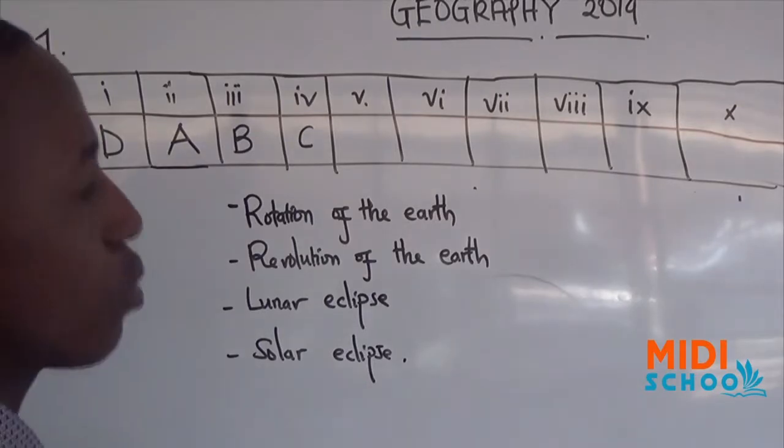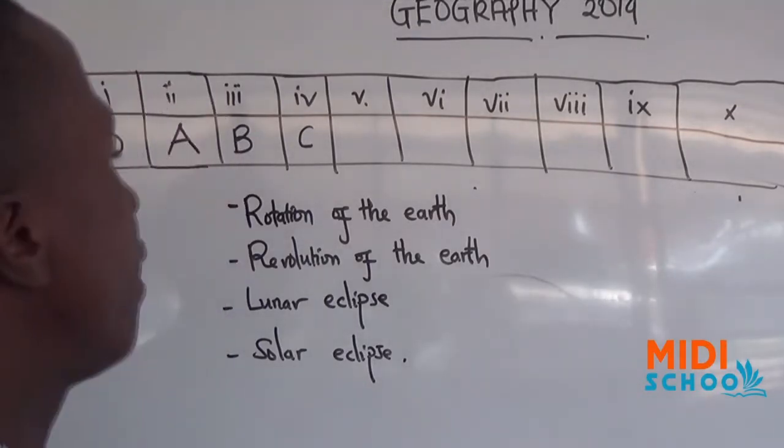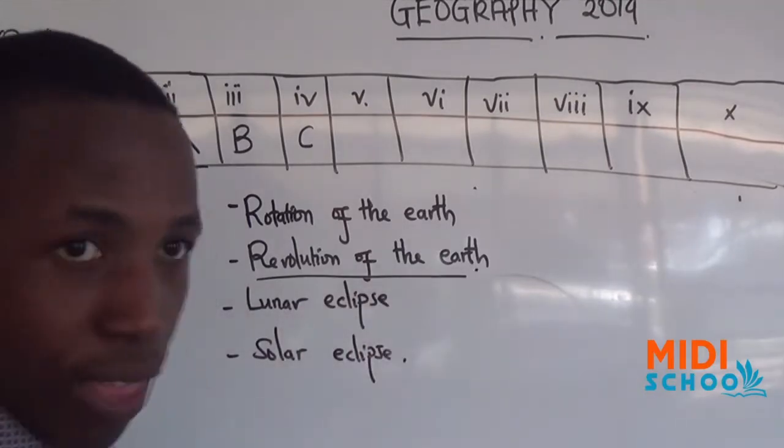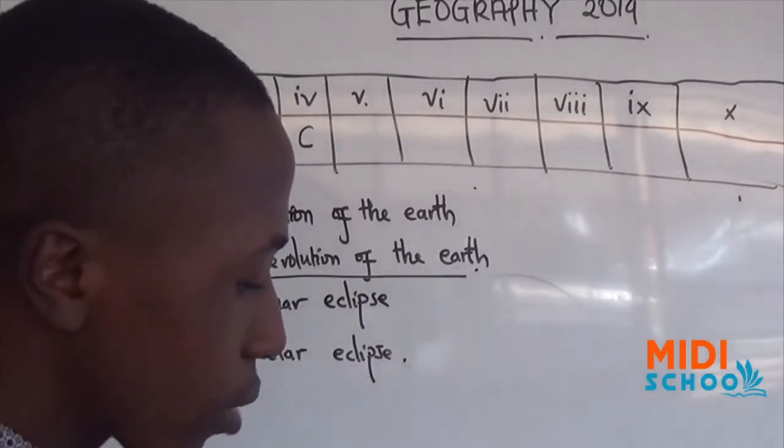The 4 seasons of the year are a result of the revolution of the earth. And our answer here will be C.